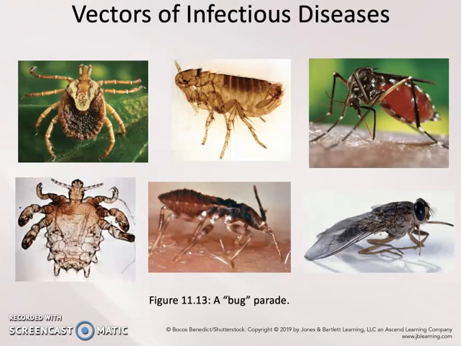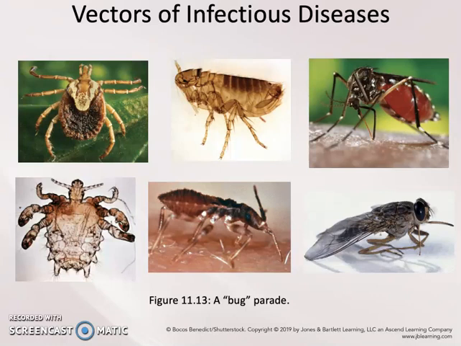Examples of these are flies and cockroaches, things that you might be disgusted by if they're walking on your food. That's because while they're not infected themselves and do not play a role in the life cycle of the microbial pathogen itself, they carry the microbe on the surface of their legs or bodies and transmit diseases that way.